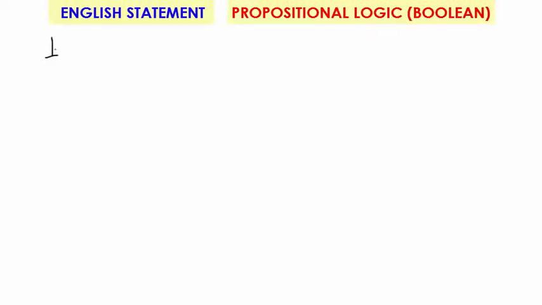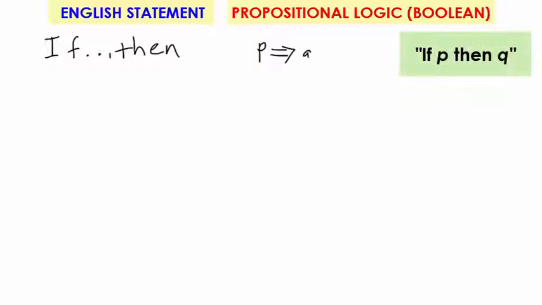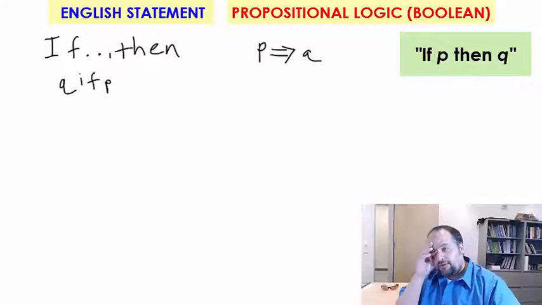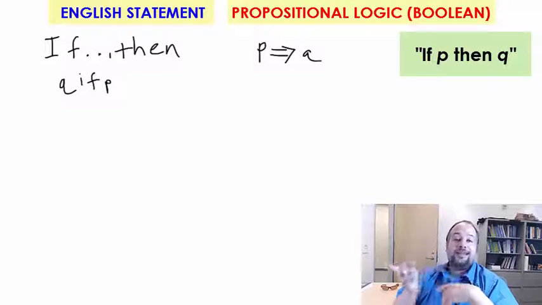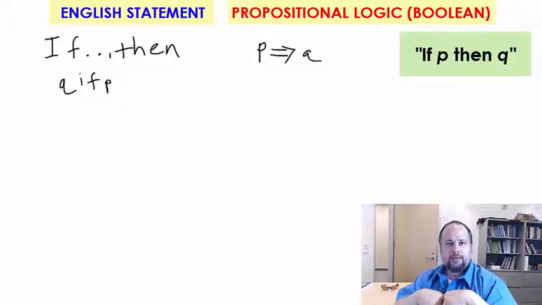So the first kind of English statement that we want to look at is the if-then, which is what we've been seeing, and it's P implies Q. That's pretty straightforward. This is sometimes written Q if P. So watch out for that other way of phrasing. In fact, that's really more of the English way of phrasing it. We don't usually say, if this happens, then that will happen.